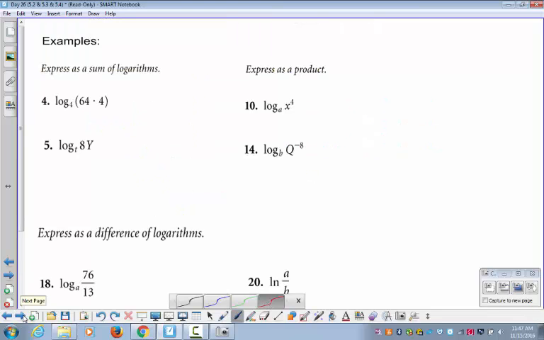So let's practice a few. I'll do 4, I guess. In 4 it says express as a sum of logs. So this would be log base 4 of 64 plus log base 4 of 4.